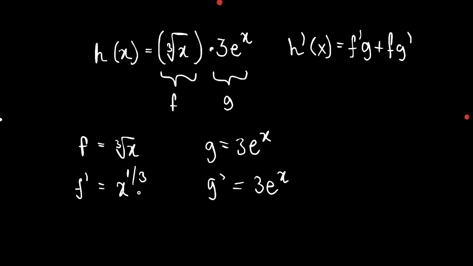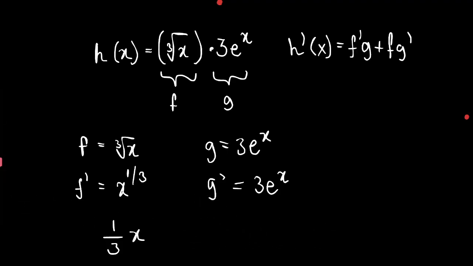And now if we wanted to find this derivative here, remember all we have to do is bring the 1/3 over to the front, and from this exponent we subtract 1. So 1/3 minus 3/3 is negative 2/3. Negative 2/3.